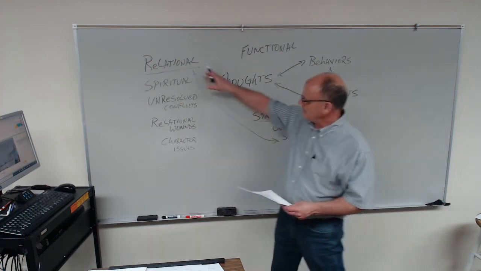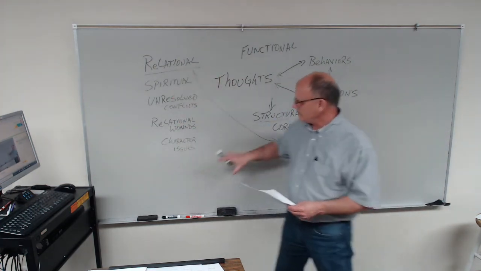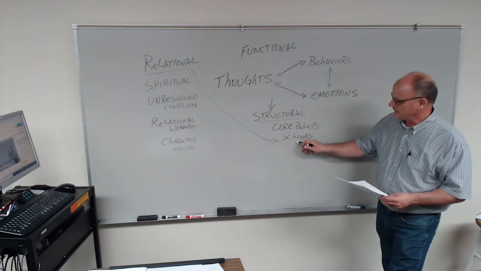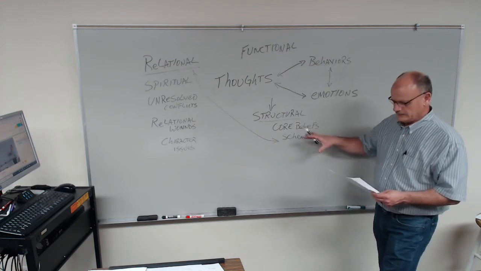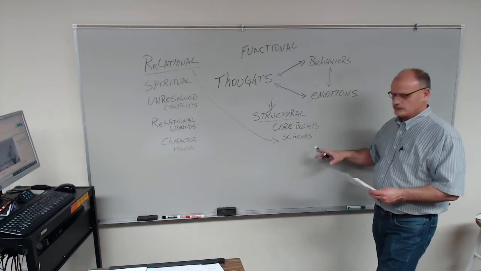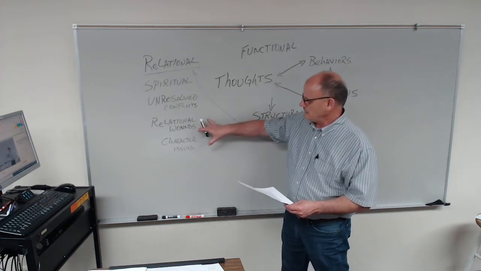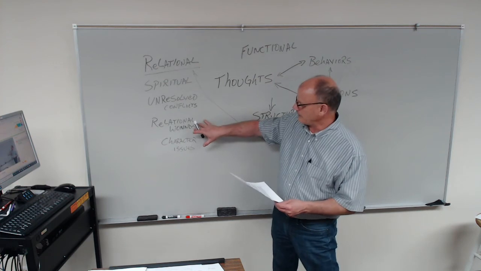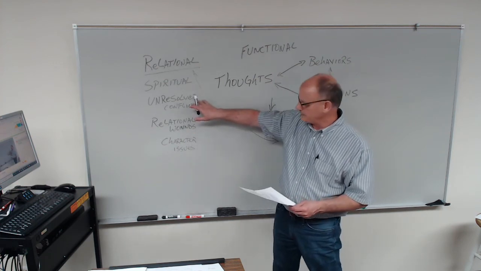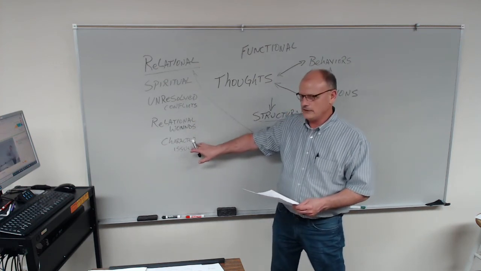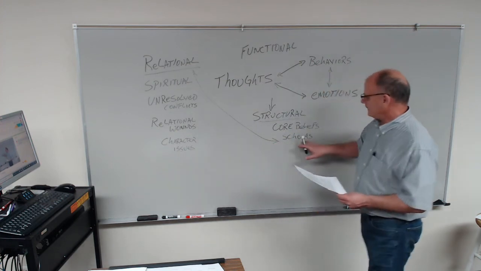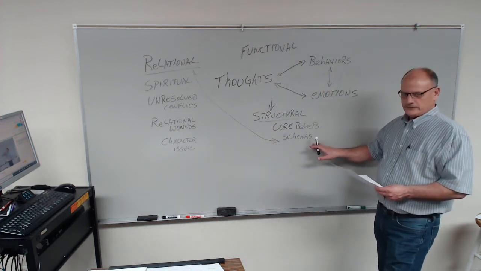When you think about these things right here, and you think about basic needs not being met, no wonder we have a different interpretation of things, okay? So relational wounds, I mean, we could end up having a relational wound because of unresolved conflict that actually affects our character because this right here, a basic need was not met.